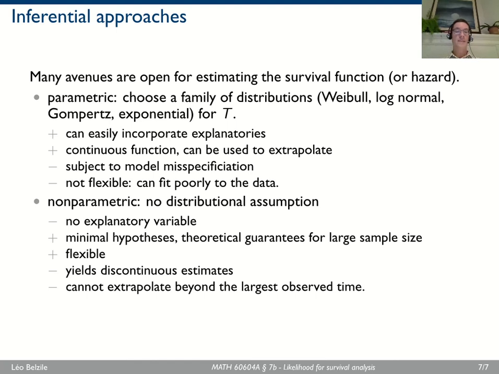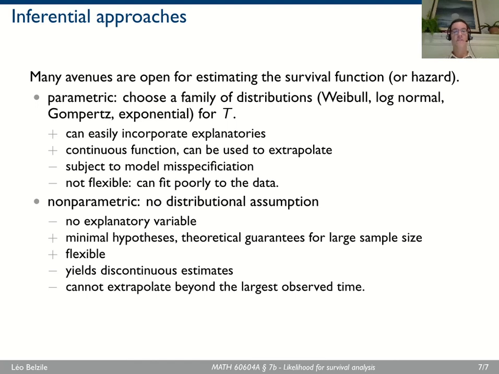The drawback is that it's going to yield probability only at observed failure times, so it yields discontinuous estimates of the survival function. Rather than look like a smooth curve, it's going to look like a step function. If you've observed a failure at the highest time, there's probability 0 of seeing something beyond that, so you cannot really extrapolate.